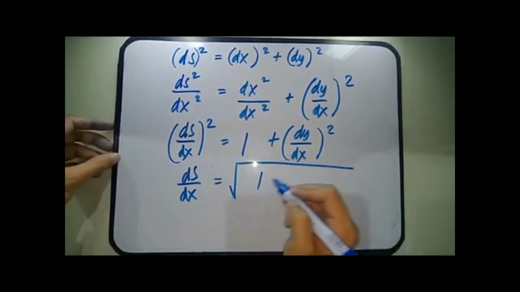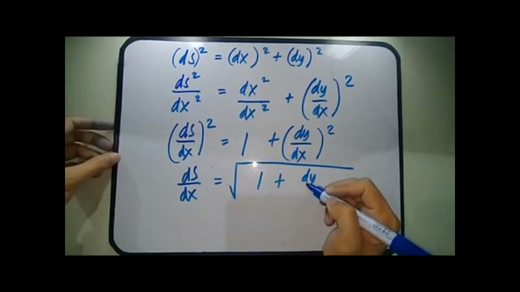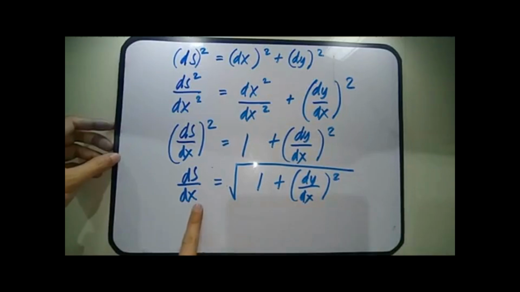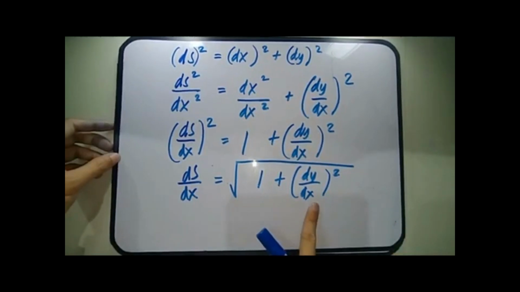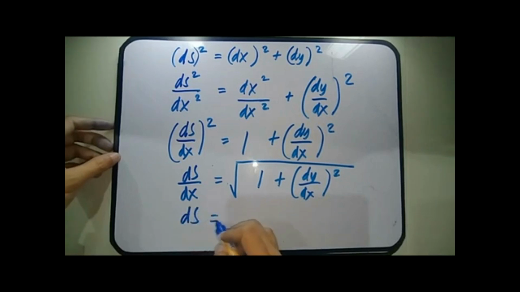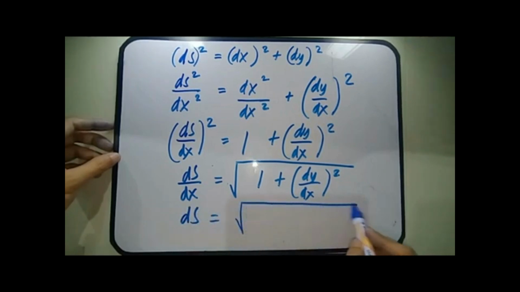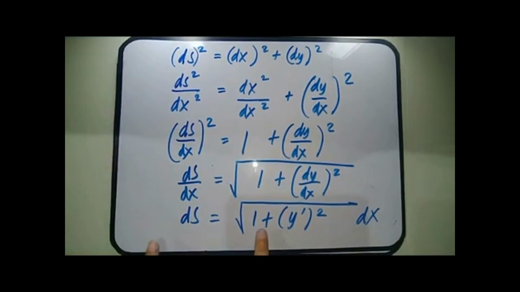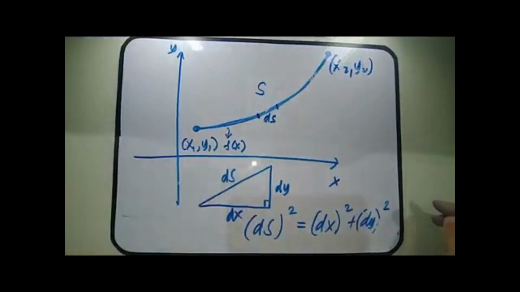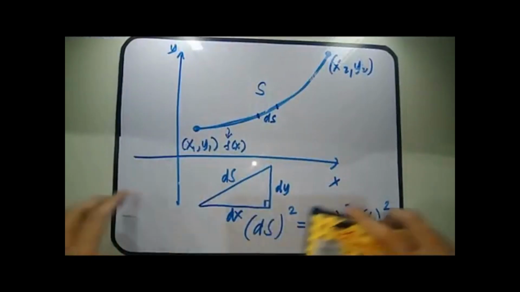Then we raise both sides by 1/2. So we have the square root. So differential of s with respect to x is equal to the square root of 1 plus differential of y with respect to x, that is squared. Then we multiply differential of x both sides. We have differential of s is equal to the square root of 1 plus y prime squared differential of x. Then we integrate both sides to extract s.